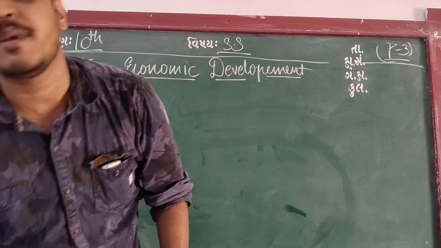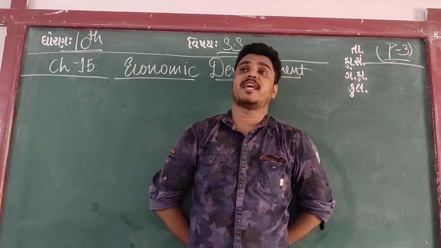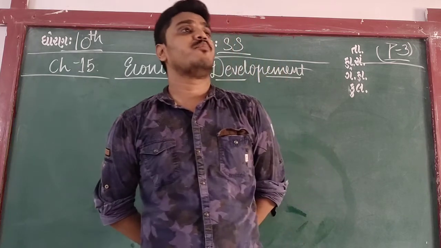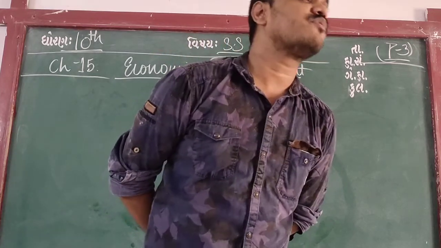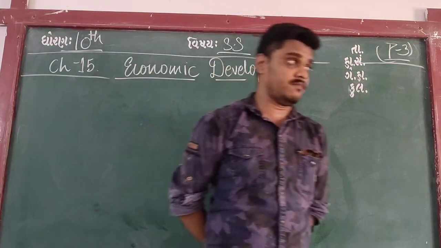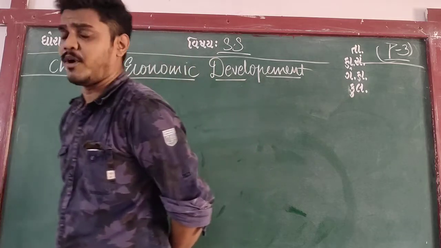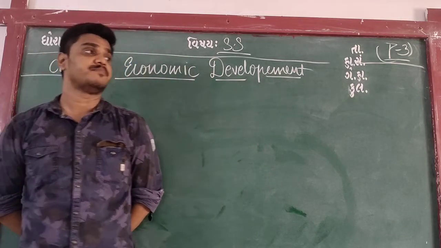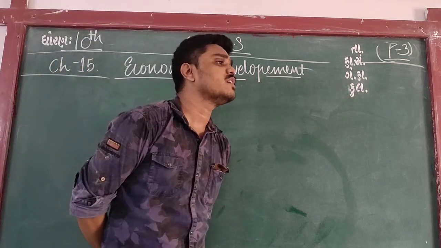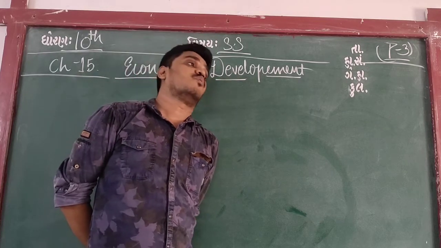Now we have economic and non-economic activities. Economic activities are those from which one can earn, and non-economic activities are those from which he or she will not earn anything. Nurturing a child is a non-economic activity.